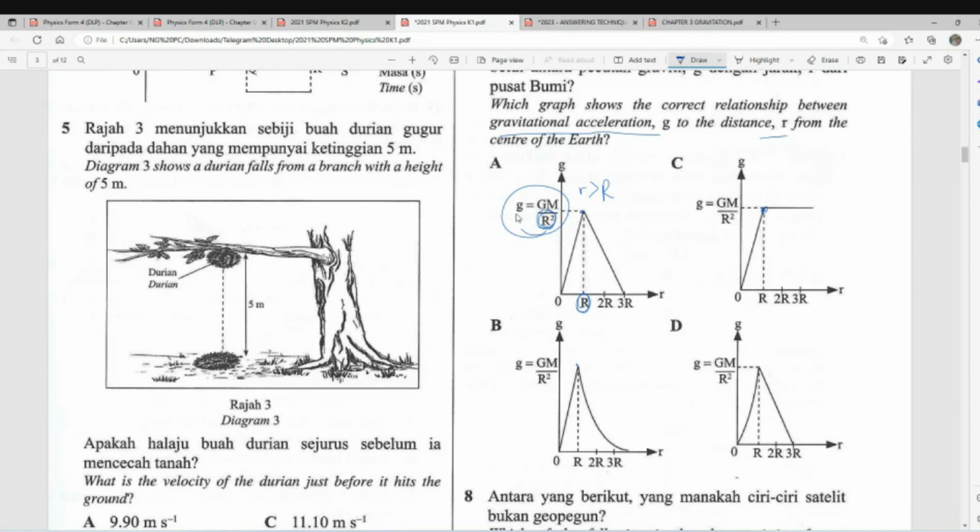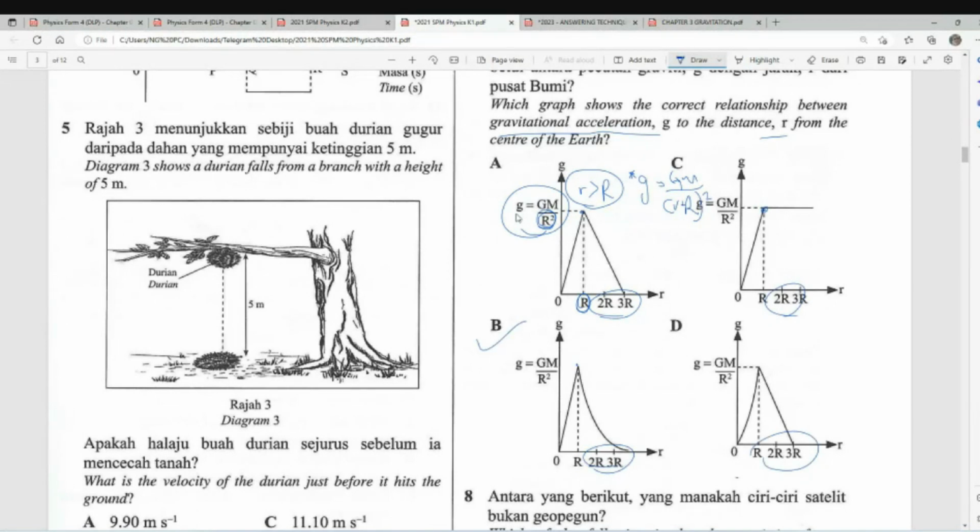Once R is more than the radius of the Earth, g prime will equal GM over (R plus R) squared. That means it becomes a curved line. So for 3R, 2R, the curved line is the only one, so the answer is B.